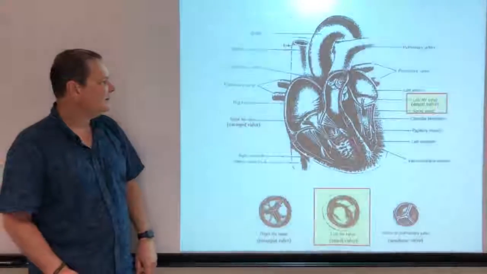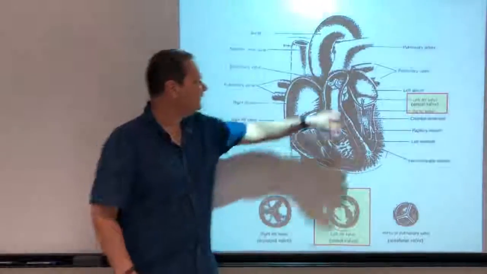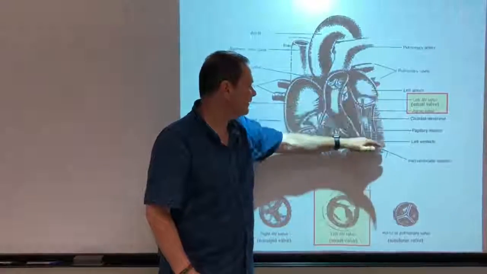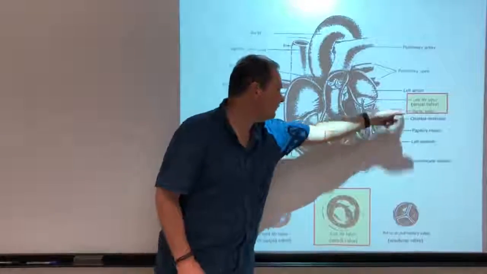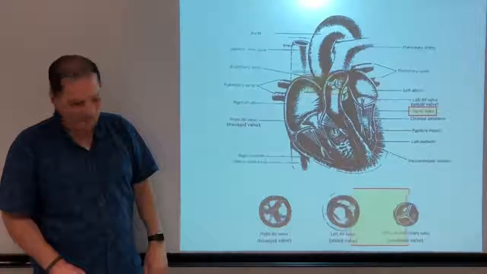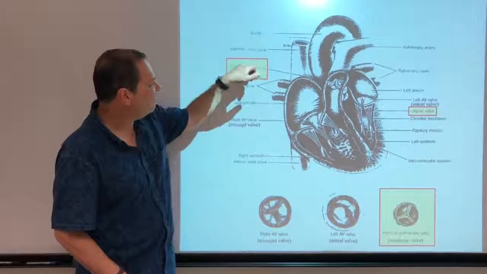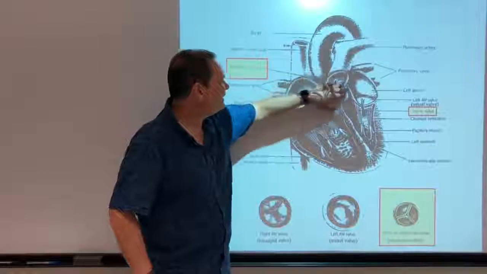The left AV valve, AV stands for atrioventricular, separates the left atrium from the left ventricle. It is called the mitral valve. It has 2 leaflets.